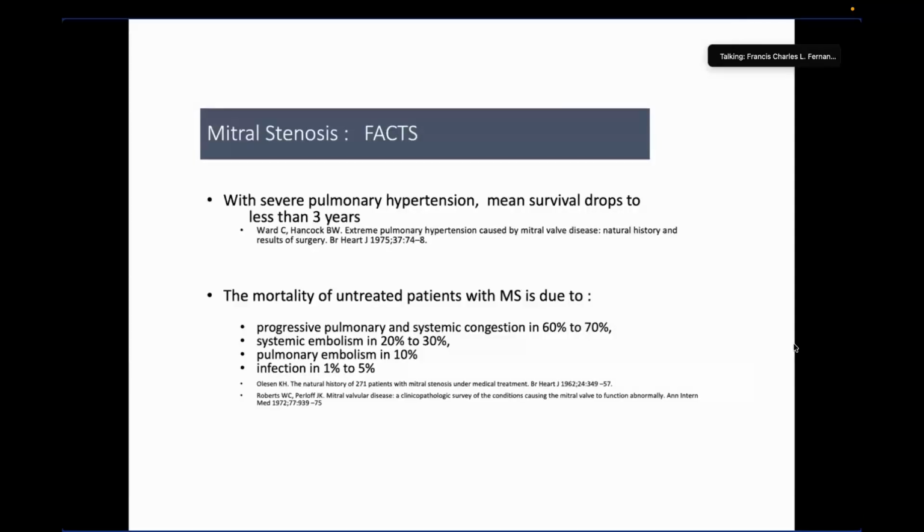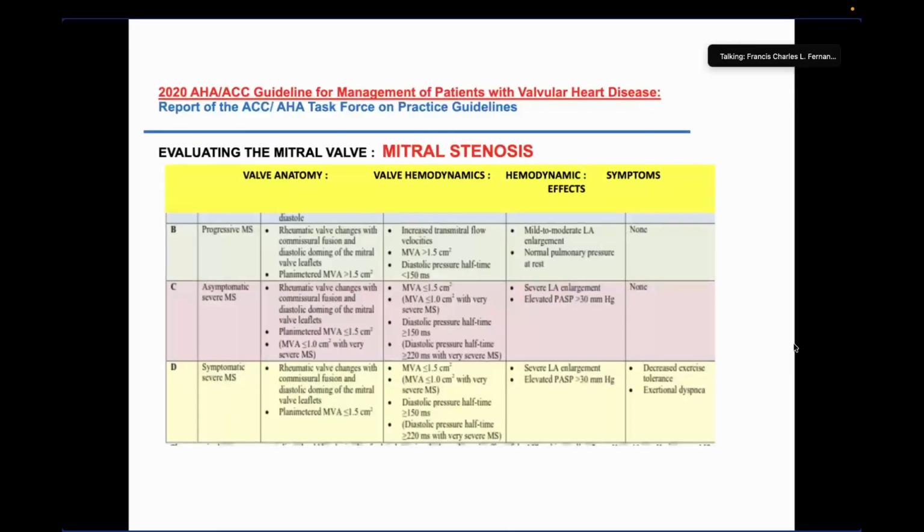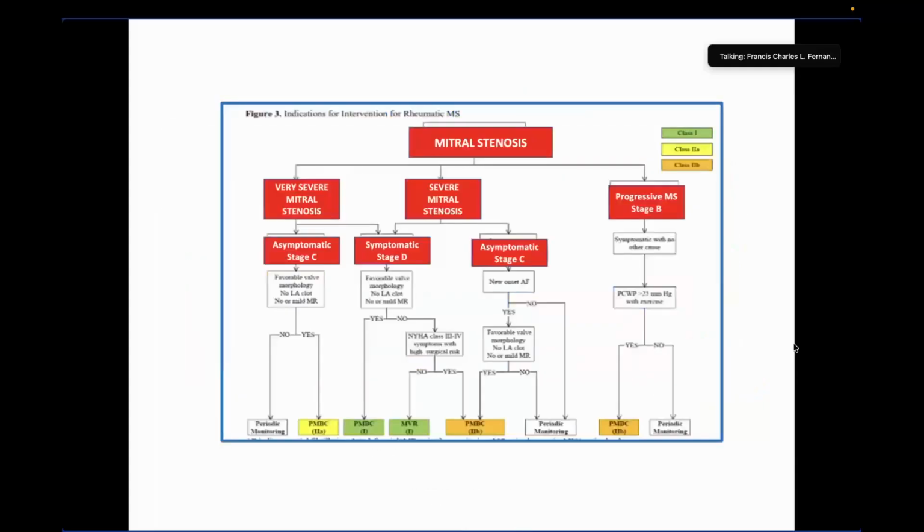So they have severe pulmonary hypertension, and then you will have a drop in survival. When the mean pulmonary pressure rises above 25, survival drops to less than 3 years. So progressive pulmonary and systemic congestion, embolism, and infection in patients lead to acceleration of mortality. Okay, so this we have seen.